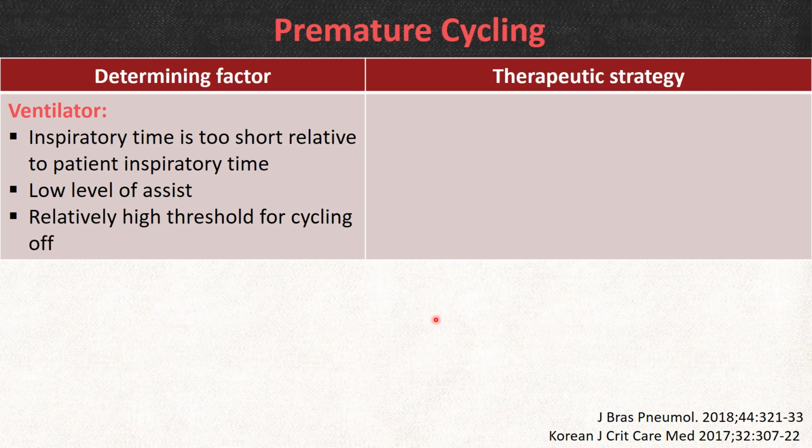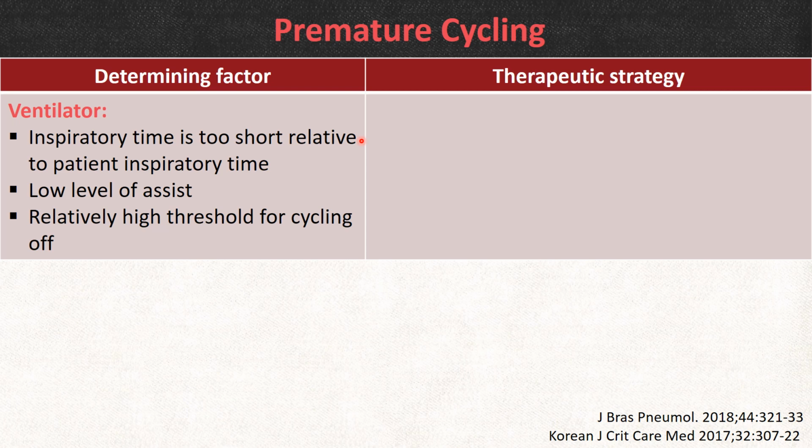Premature cycling is when the inspiratory time is too short relative to the patient's inspiratory time. That means the patient is taking a longer inspiration, but the ventilator discontinues providing inspiration and ends it earlier. So, when the ventilator terminated inspiration and started expiration, the patient is still on inspiration, that is premature cycling.